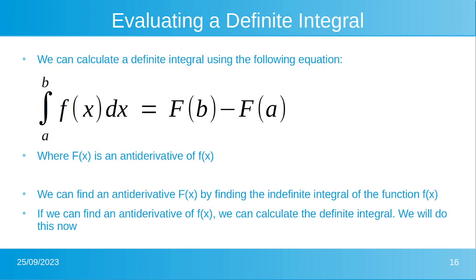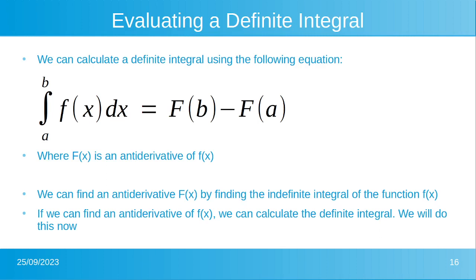So to talk about evaluating a definite integral, we can calculate a definite integral using the following equation shown here. Different sources will refer to calculating a definite integral as evaluating a definite integral. So looking at this equation, the integral from a to b of f of x dx is equal to capital F of b minus capital F of a, where capital F of x is an antiderivative of the function f of x.